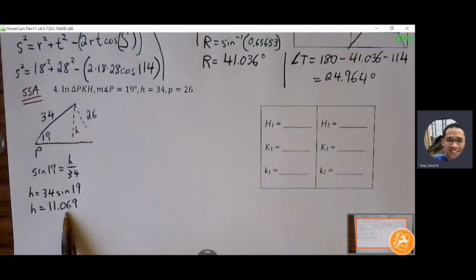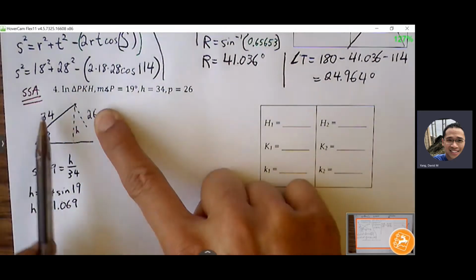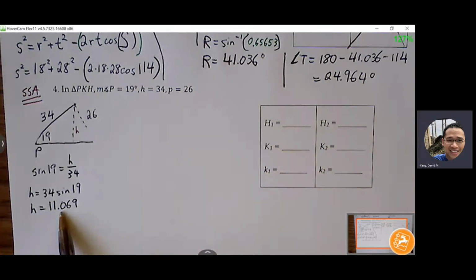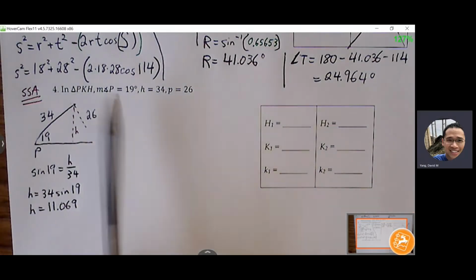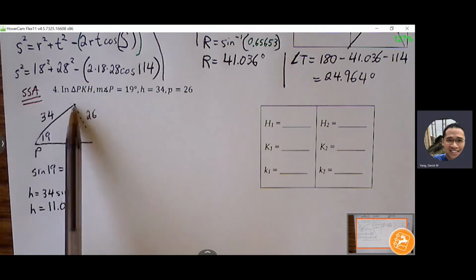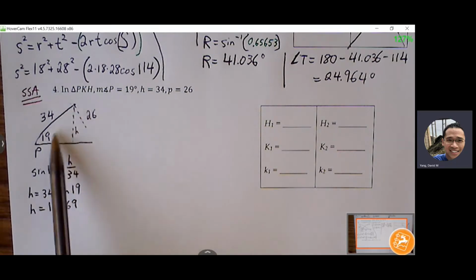Okay, 11.069, 26 and 34, what does that tell us? How many triangles? 2. Yeah, 26 is longer than 11, but shorter than 34, so it has a chance of sneaking into this area here. So we have 2 triangles.